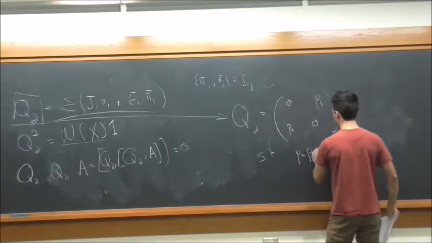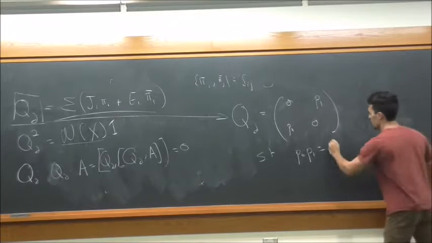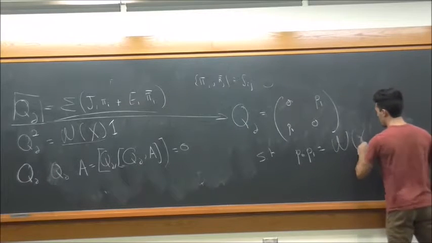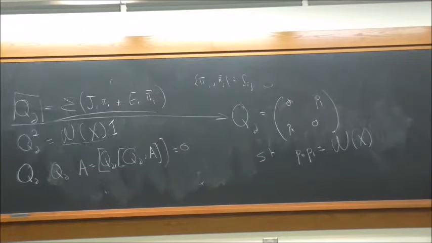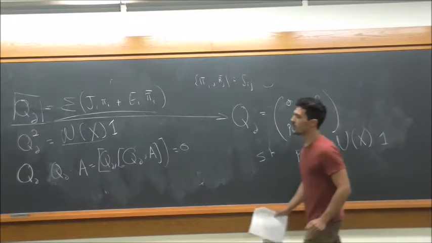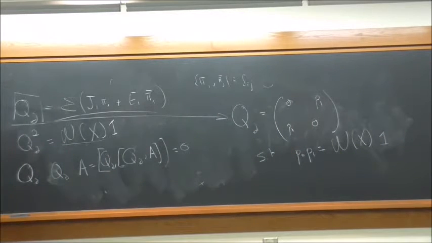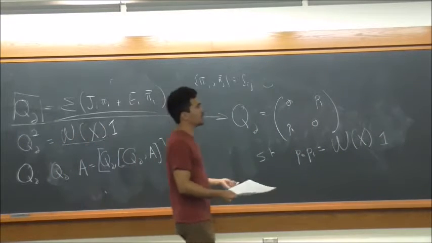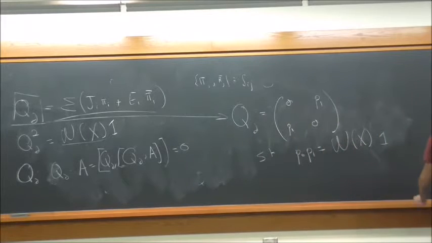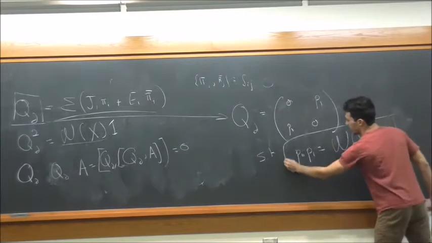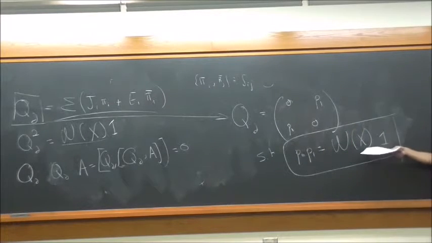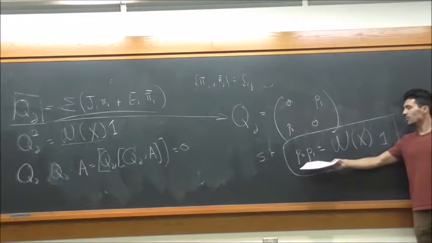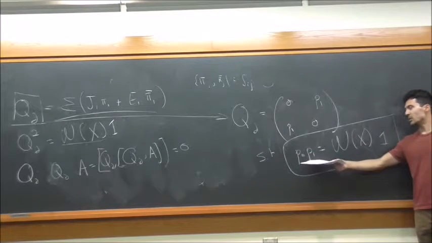P0 P1 is, as with W, X times identity in whatever size of the vector space you're acting on. So we've gone from talking about boundary conditions, boundary data necessary to have B-type supersymmetry, all the way down to this factorization of the physical potential in terms of not all the polynomials, but matrices.